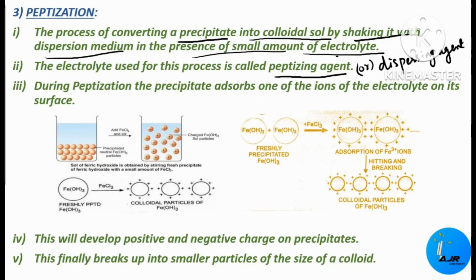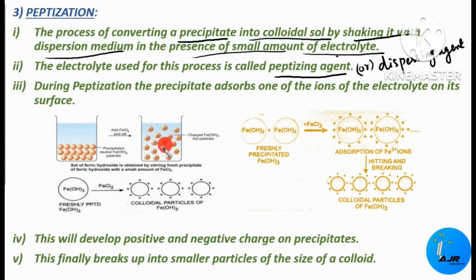See, during peptization the precipitate absorbs one of the ions of the electrolyte on its surface. I have given an example here. This is Fe(OH)3, which is actually in the form of a precipitate. Here we are adding ferric chloride, and the solution is stirred.